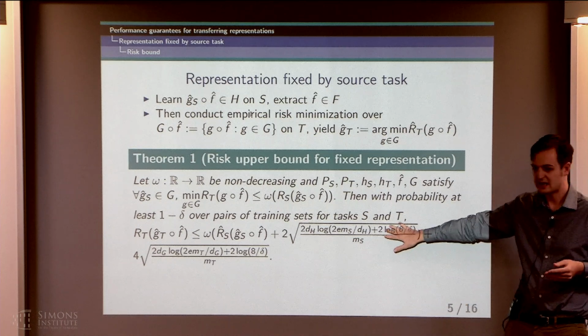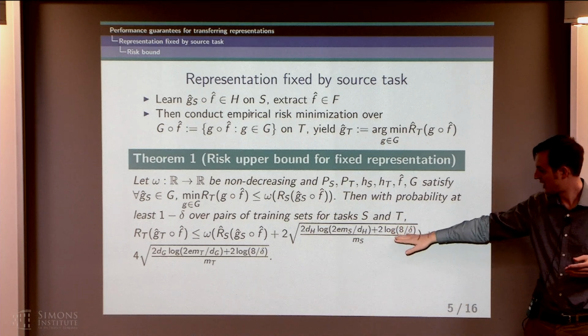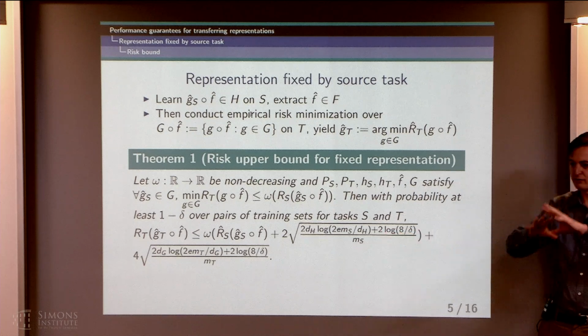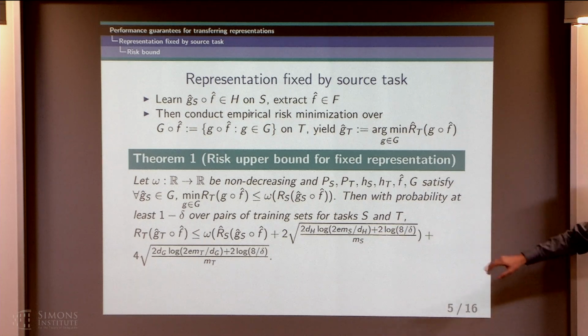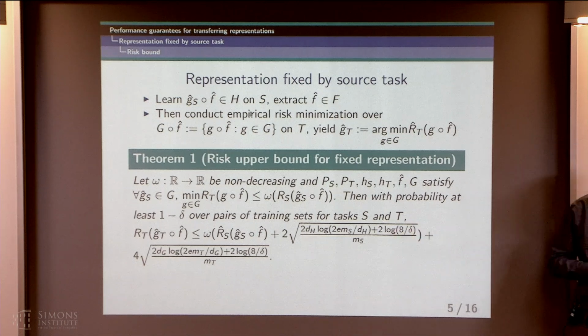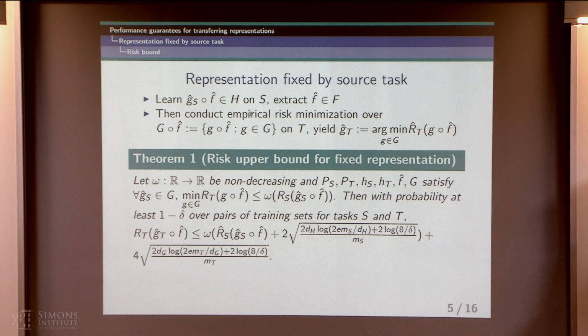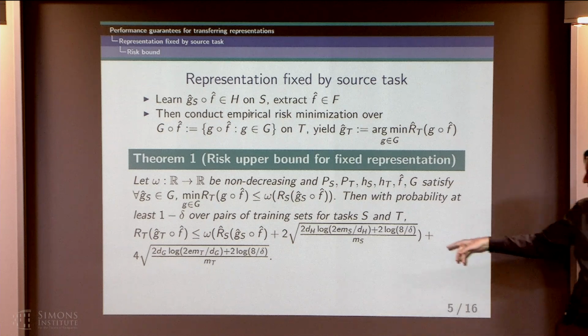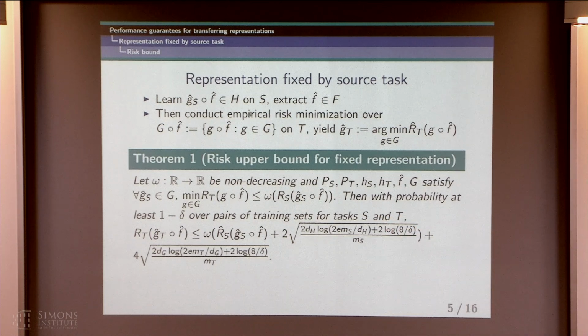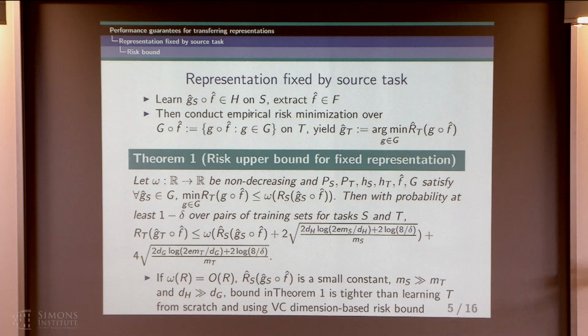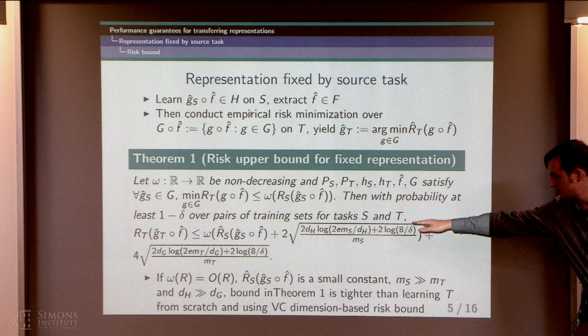This basically says how well does my source task hypothesis generalize over my full hypothesis class capital H. And hopefully this term will be small if my source task has a lot of training examples, so MS is large. So hopefully then also my transferability function doesn't grow too quickly, so hopefully it's like linear in its argument. So all of this term hopefully is small.